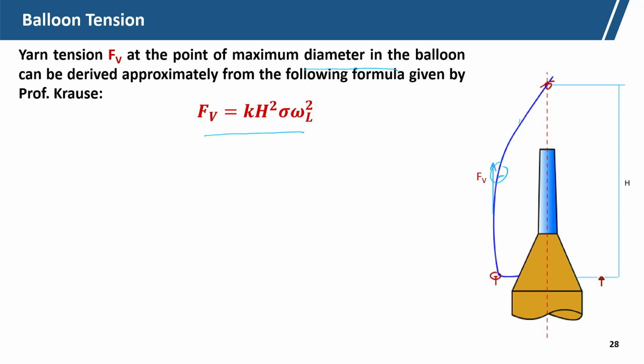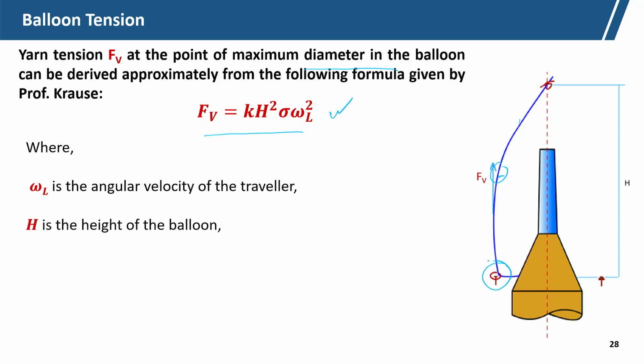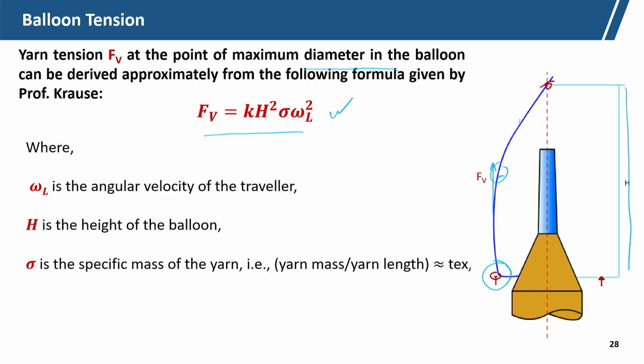With this formula we can calculate the yarn tension F b, where omega L is the angular velocity of the traveller, h is the balloon height, sigma is the specific mass of the yarn, that is the tex of the yarn per unit length, and k is a constant. So, the higher the yarn tex, the higher the yarn tension.